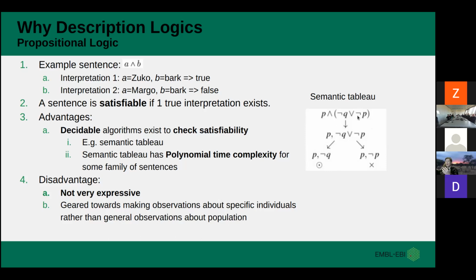If you have very large sentences, these semantic tableau trees can be very large. This is also the reasoning procedure that they use for predicate logic, and for some of the logics in description logics.